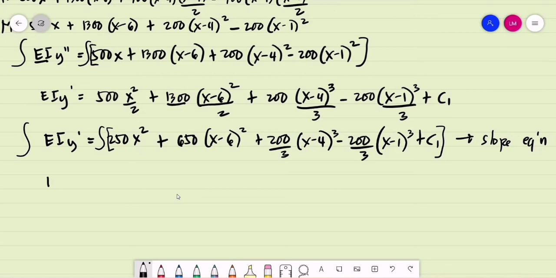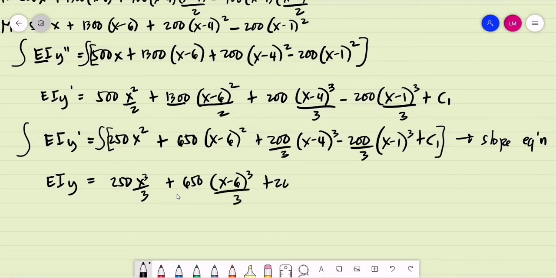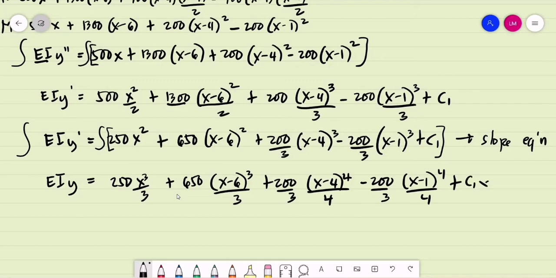So this is the same as we have EI y is now equal to 250 x cubed divided by 3 plus 650 multiplied by x minus 6 cubed divided by 3 plus 200 over 3 multiplied by x minus 4 raised to 4 divided by 4. Then minus 200 divided by 3 multiplied by x minus 1 raised to 4 divided by 4 plus c1 x plus the second arbitrary constant.